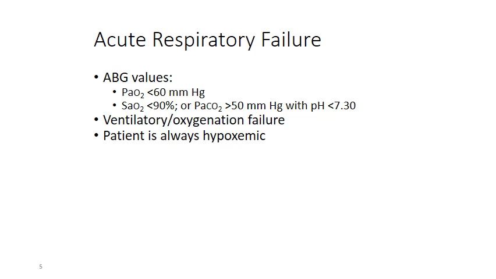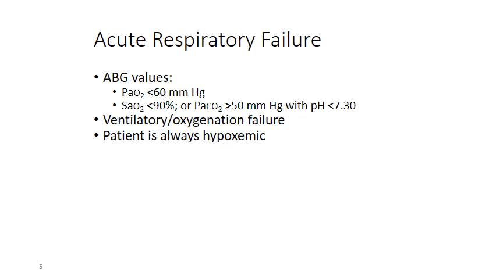So acute respiratory failure is when there is inadequate gas exchange, either because of a blood flow perfusion issue or because of some sort of lung issue. But basically on a blood gas, the O2 is less than 60, okay? The CO2 is greater than 50, and the pH is less than 7.3.